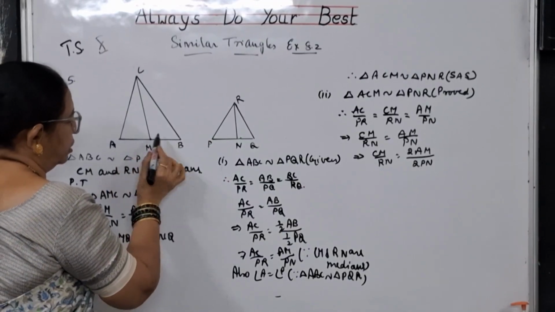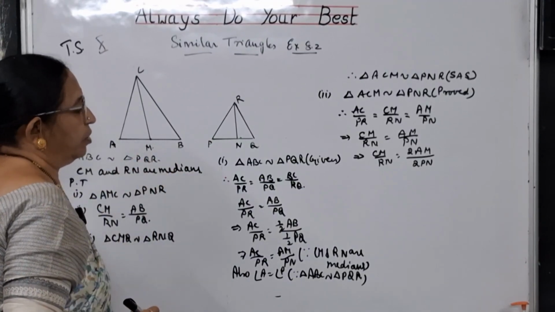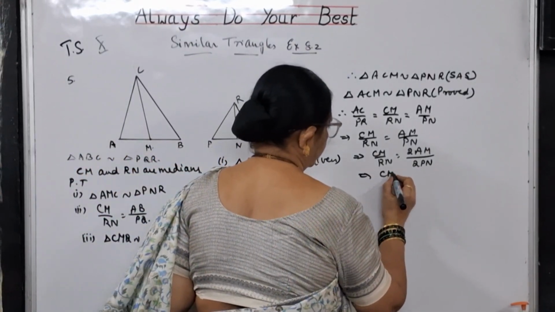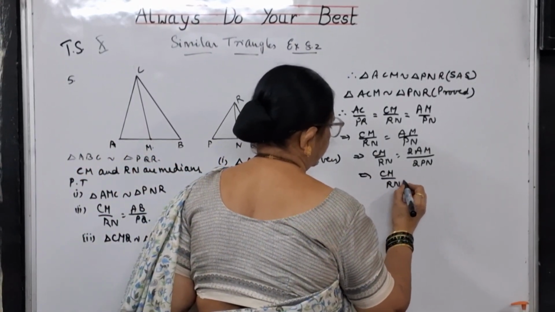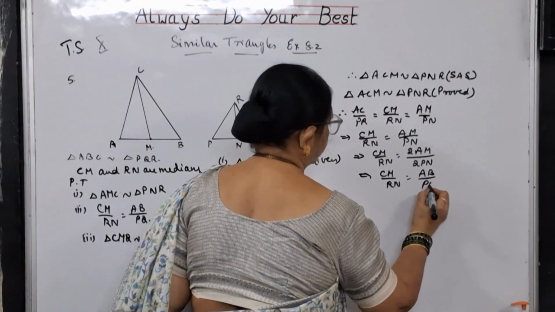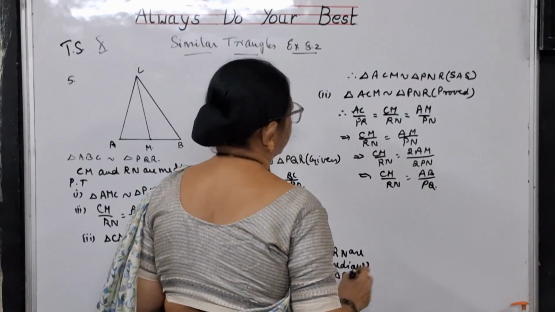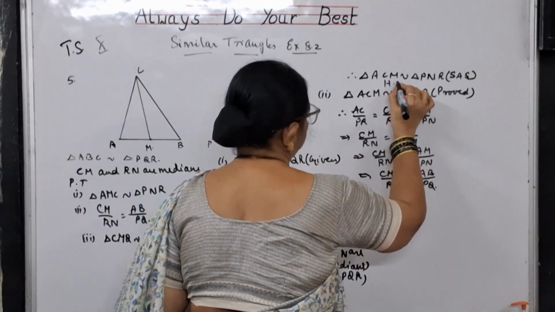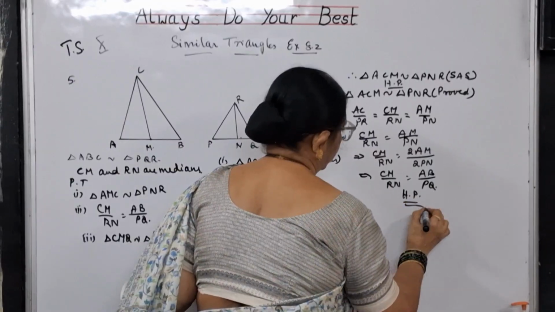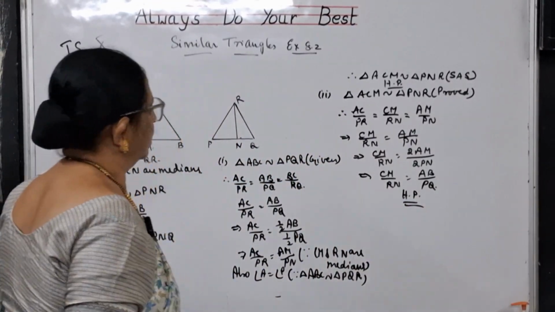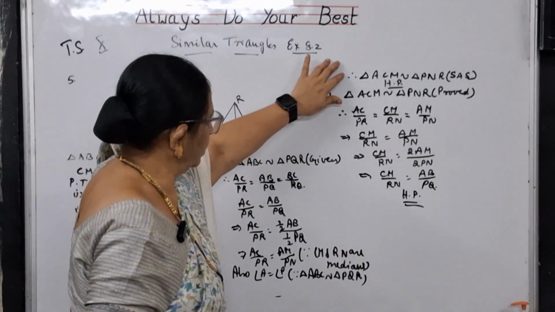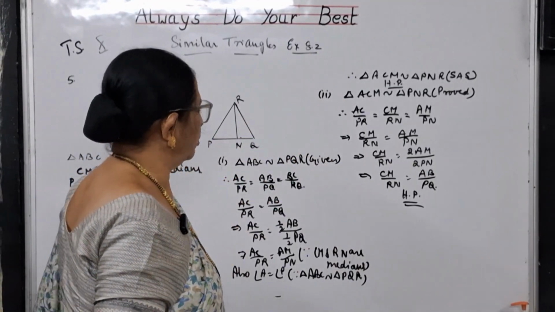AB is nothing but double of AM. So this implies CM by RN is equal to AB by PQ. So this is the second proof, hence proved. I hope I am clear. First proof is up to here, and this is the second proof.